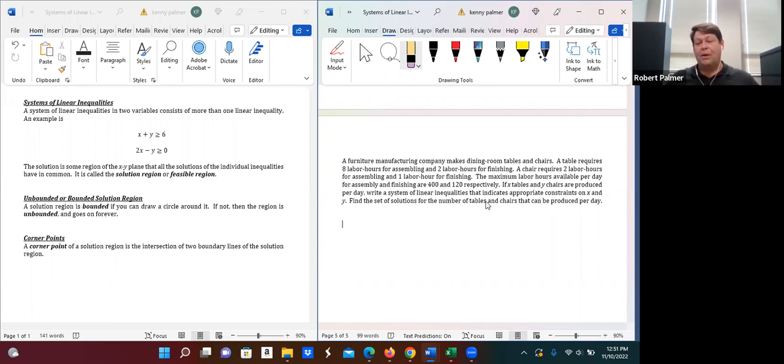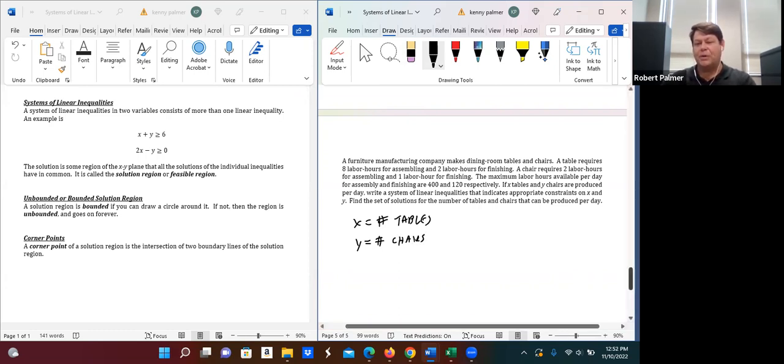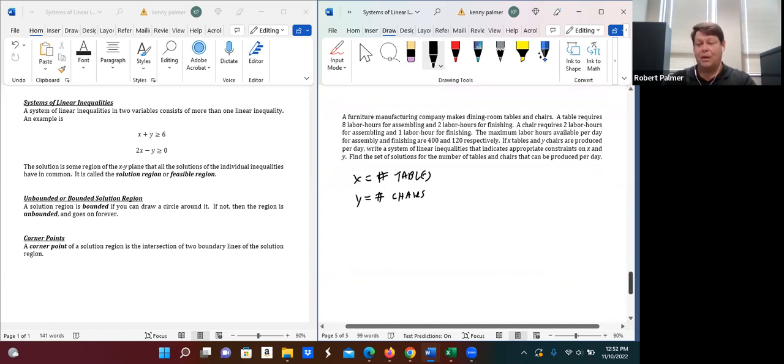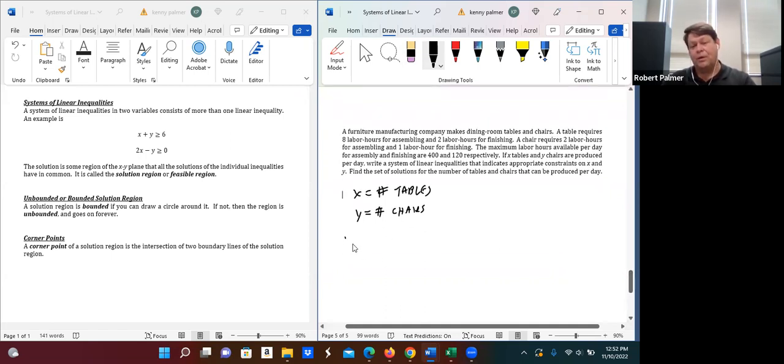Okay. Now, it already tells us x and y, so x is going to be the number of tables, and y is the number of chairs. Now, let's think about what constraints or inequalities we need.